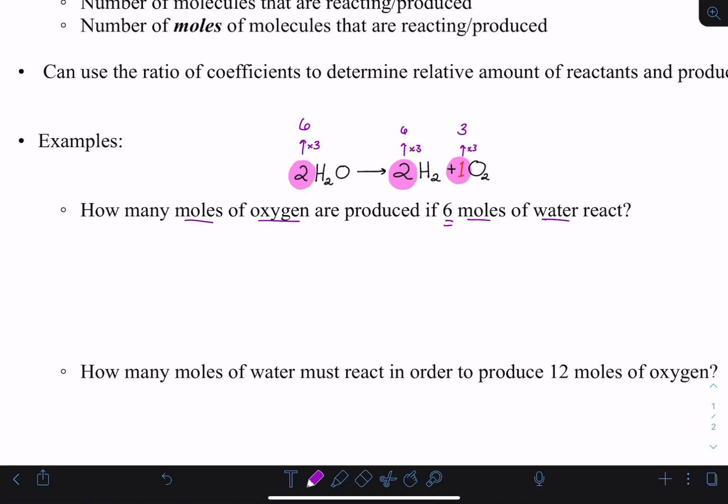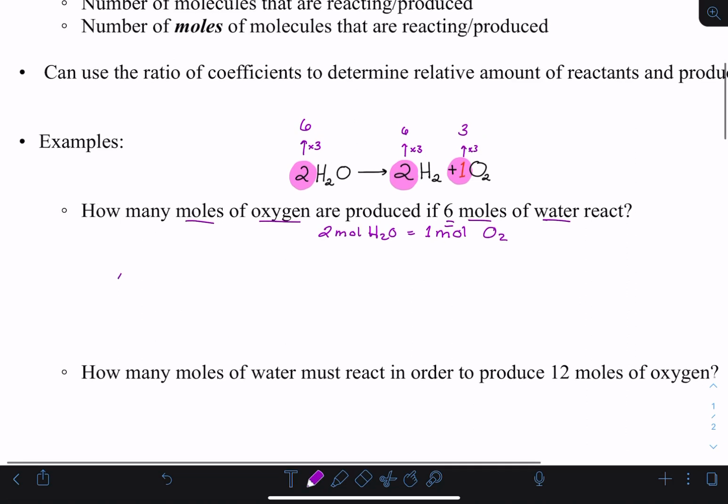We know from our reaction that 2 moles of water react to produce 1 mole of oxygen. So just like any other conversion factor, we can use this in the same way that we were converting between grams and moles last week, between moles and number of particles, the way you would between feet and inches. You're thinking of it as converting from moles of one substance to moles of a different substance, in this case from moles of water to moles of oxygen.